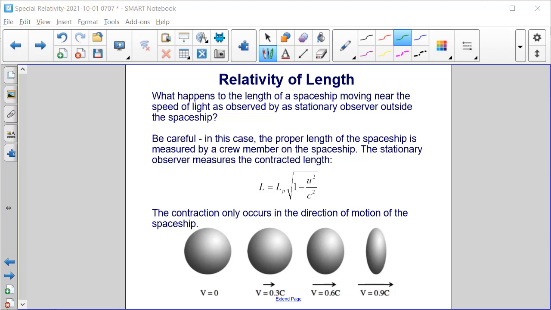So the contracted length is the proper length times the square root of 1 minus u squared over c squared, and the contracted length would be less. The contraction only occurs in the direction of the motion of the spaceship. And look at how much the contraction increases as the speed of the spaceship gets closer and closer to the speed of light.